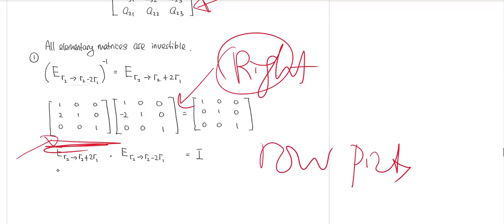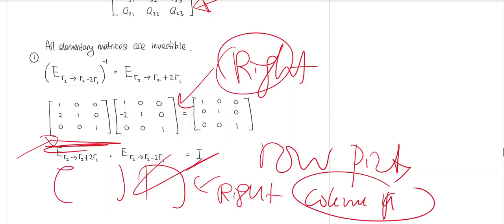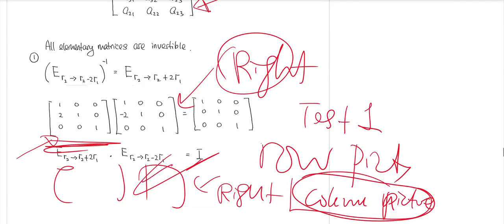Because if you hit this matrix from the right, you will have to use the column picture. If you don't know what I'm talking about, try to review the things we covered for test 1. Doing things on this side has to do with columns, but if you want to look at the row pictures, you have to look at this side.